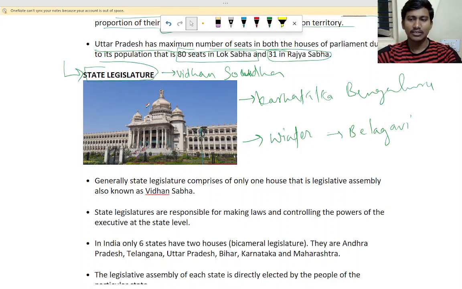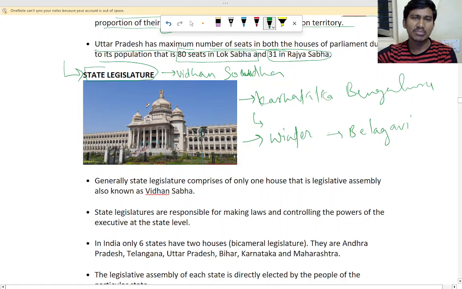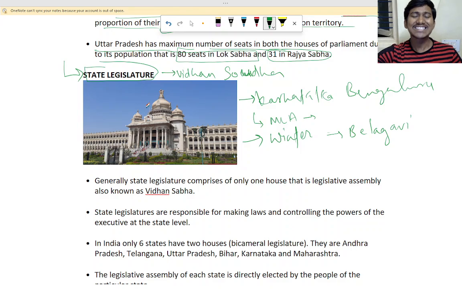So see here, Karnataka we have, right? For the lower house like Lok Sabha, we elect MLAs, that we say as member of legislative assembly.